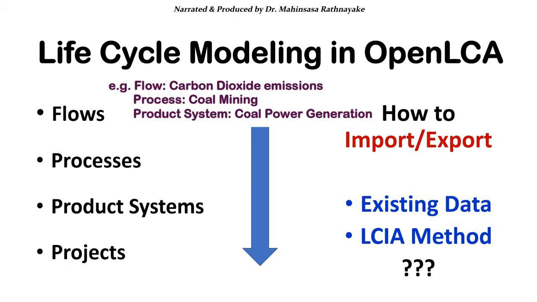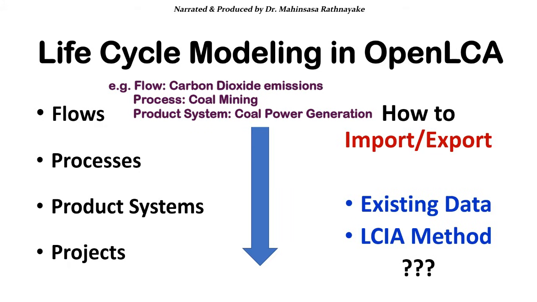Then what is a product system? So it is a collection of several processes. In this case, we can define the processes as coal power generation. For coal power generation life cycle, we can define three processes.